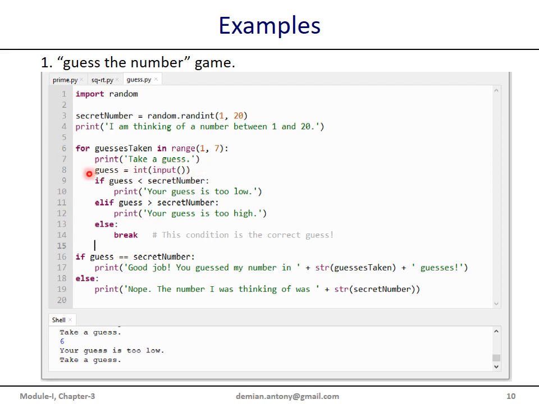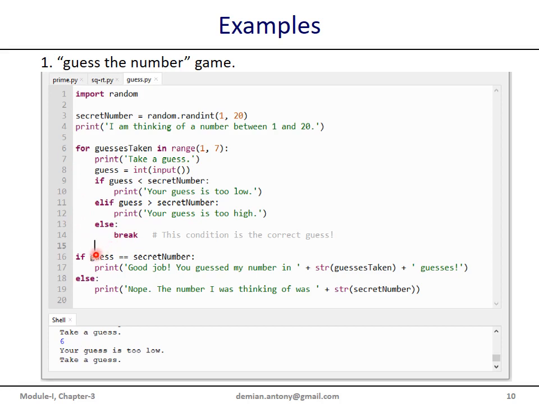number, enter his guess, and if the guess is less than secret number, we give a hint saying that your guess is too low, and if the guess is above the secret number, we give again a hint saying that guess is too high, and if he has exactly guessed the number, let us terminate this loop so that we don't have to offer him the further opportunities because he has already guessed the secret number.